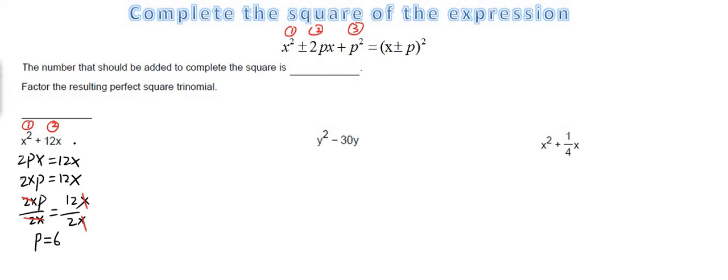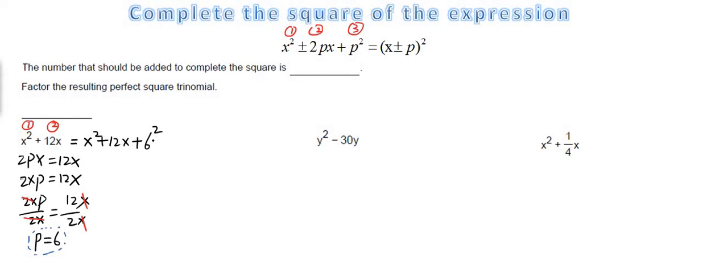Then we can construct the p squared, because we found p equals 6. So for this expression, we can write x squared plus 12x plus what? p squared. P is 6. So we have 6 squared.